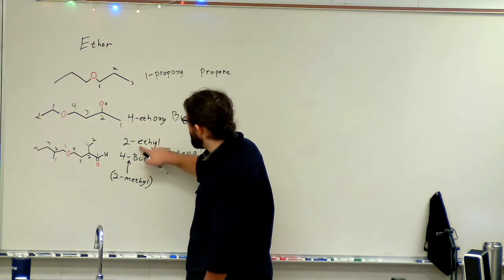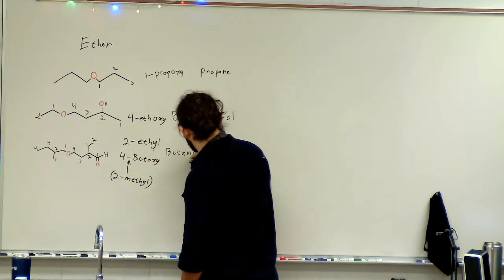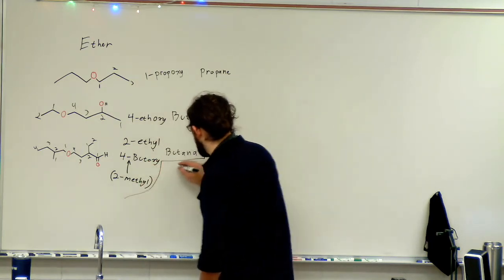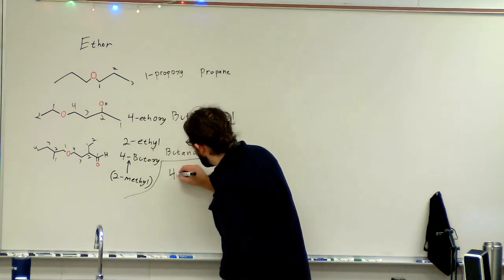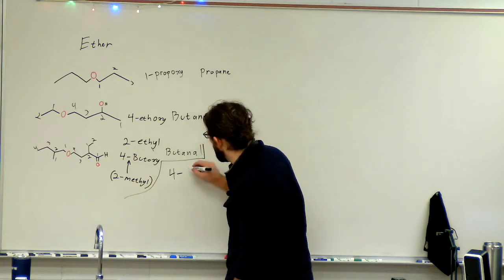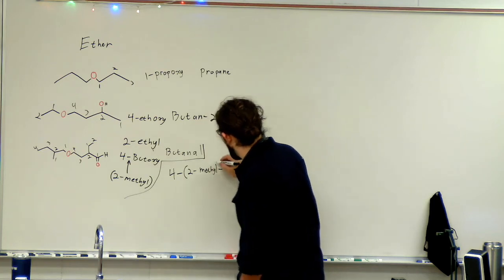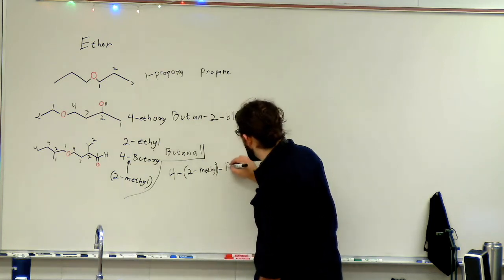B comes before E, so I'm going to name my ether first. Let's put a little bracket around this just so you can see the division. So 4, and then inside here, I need to put my 2-methyl. 4, then 2-methyl, butoxy.